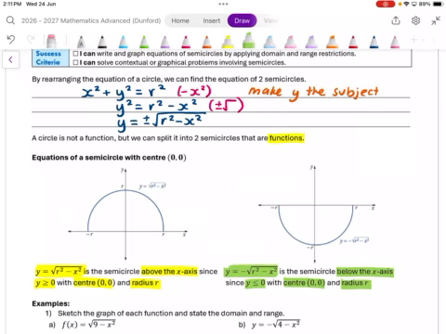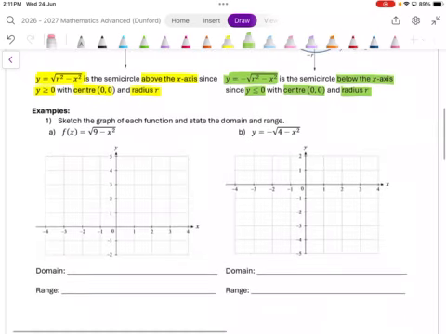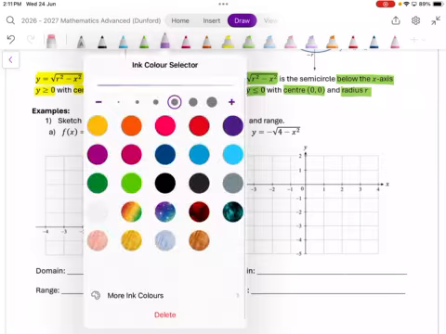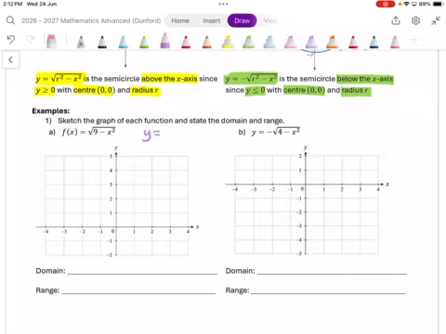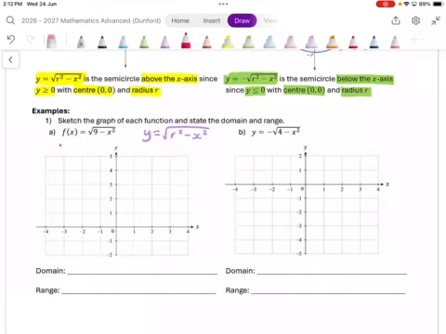Okay, we're going to have a go at sketching these two semicircles and stating the domain and the range. So this is a semicircle in the form of y equals the square root of r squared minus x squared. This one is f(x) equals the square root of 9 minus x squared. This means that the radius is going to equal what? 3, okay, because the square root of 9 is 3.